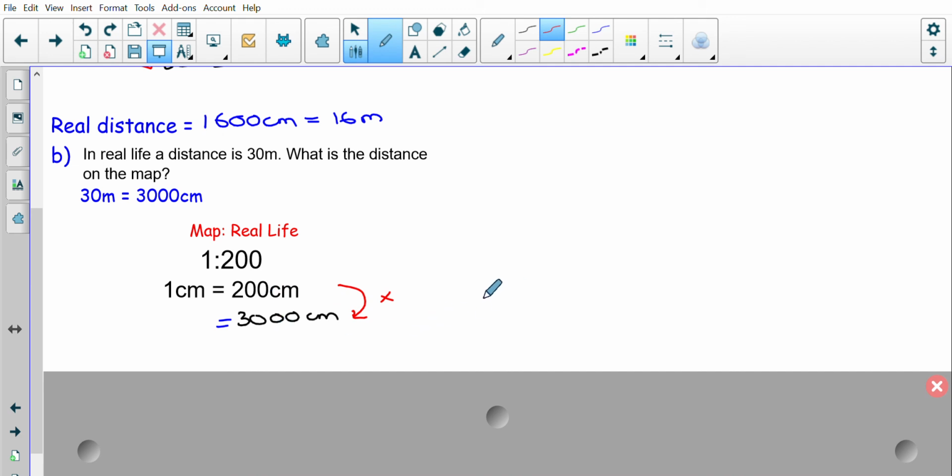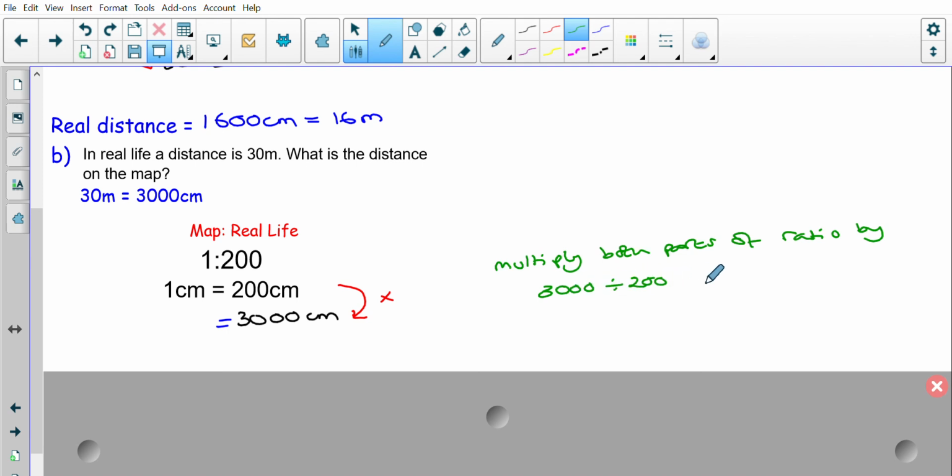So just like before in the earlier example, to work out what to multiply by to get from 200 to 3,000, we can do the opposite and we can do a division. So what we need to do here is multiply both parts of the ratio by, and to work out what to multiply, we do the opposite, so we're going to do 3,000 divided by 200.